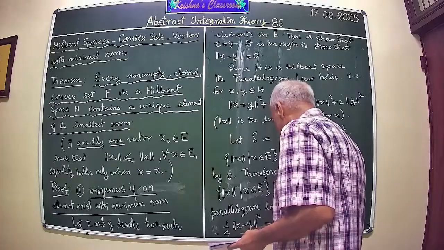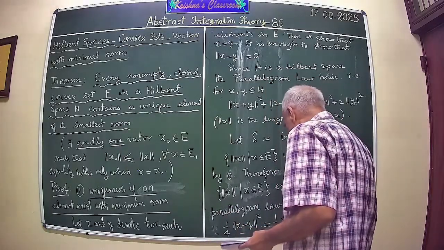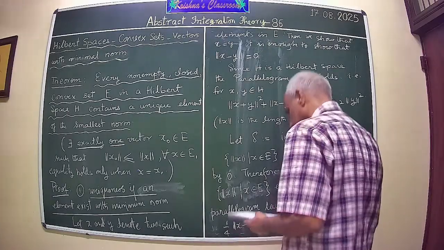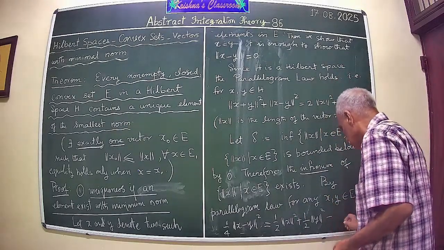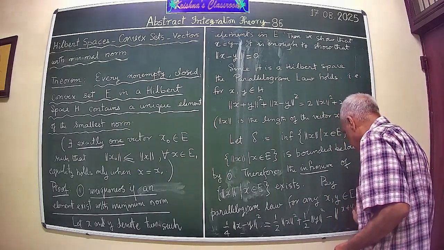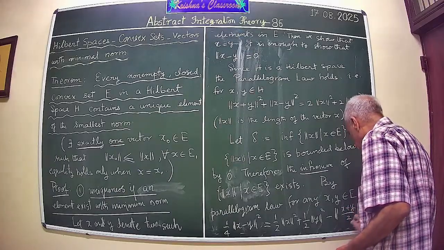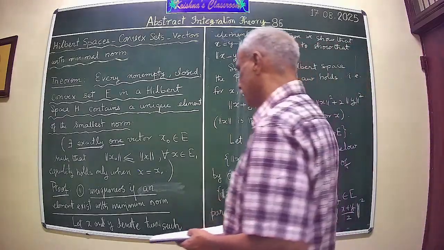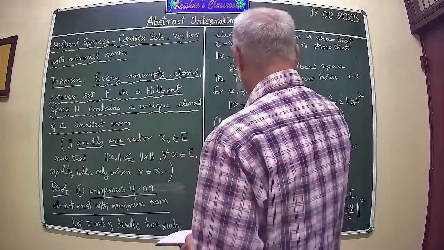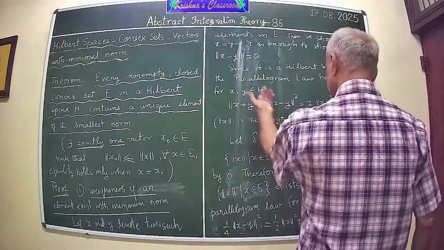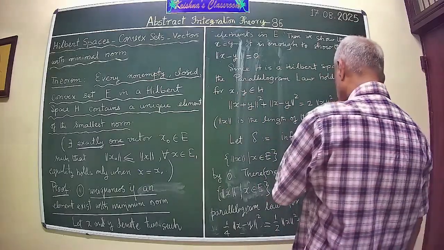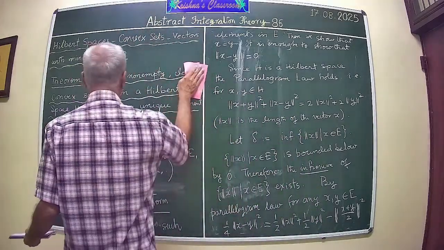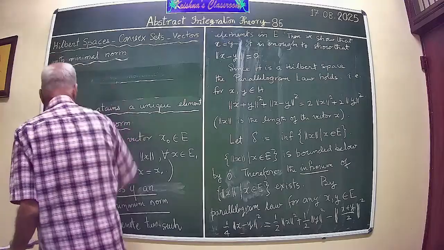Now this is equal to 1 by 2 norm of x squared plus 1 by 2 norm of y squared minus norm of x plus y by 2, whole squared. This is the parallelogram law restated. Whatever we have written here is restated by taking the norm of x minus y and dividing by 4, pushing the other term to the other side, and we get this result. So let me work on this.